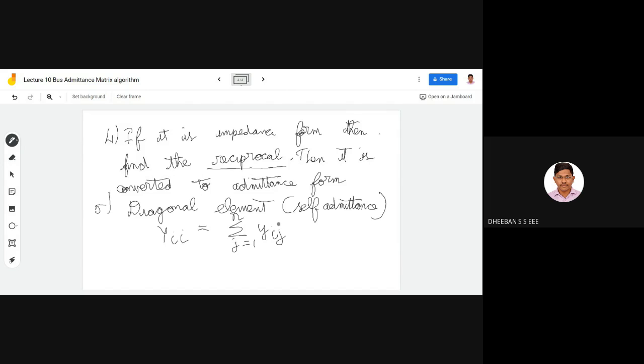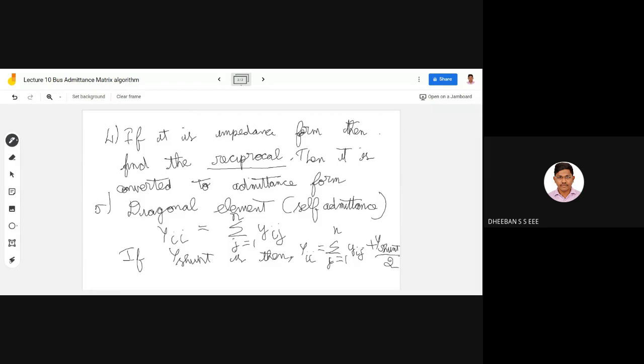So if Y shunt is given, then Yii will be equal to summation j equal to 1 to n Yij plus Y shunt divided by 2.